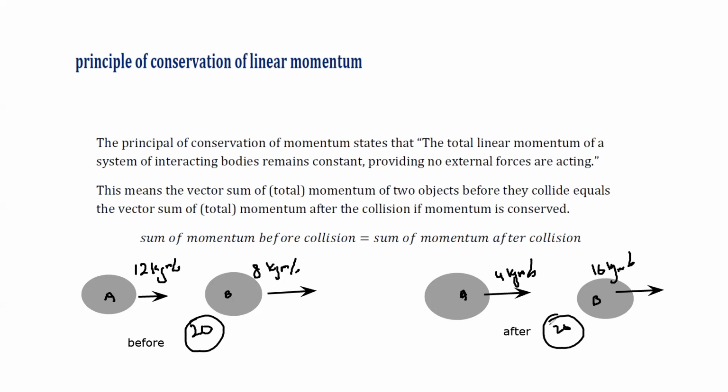So we can also add them as vectors. If I say these are the initial momentums for object 1 and object 2, these are the initial momentums before collision.